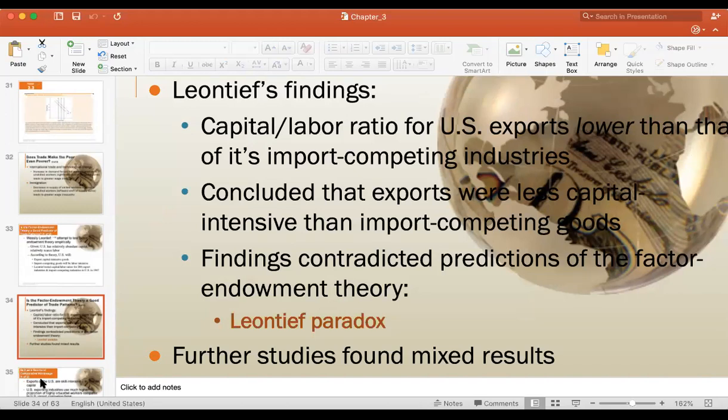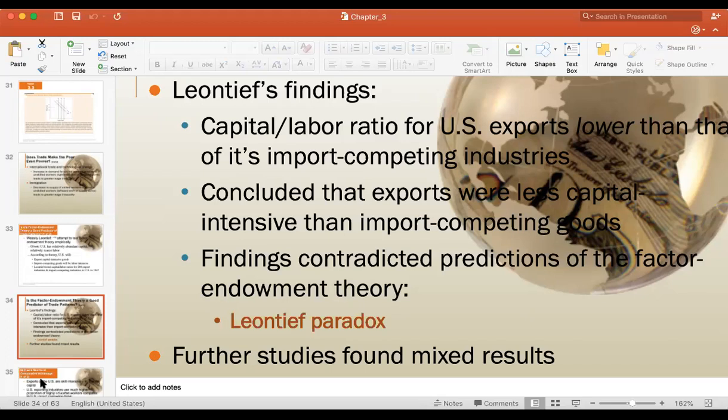In other words, we want to know if in the real world, capital abundant countries happen to be exporting capital intensive goods, and labor abundant countries happen to be exporting labor intensive goods. And this is what the HO model predicts. So we want to put those predictions to the test.